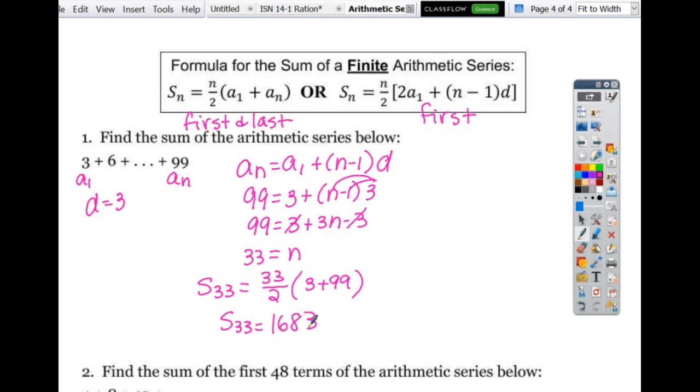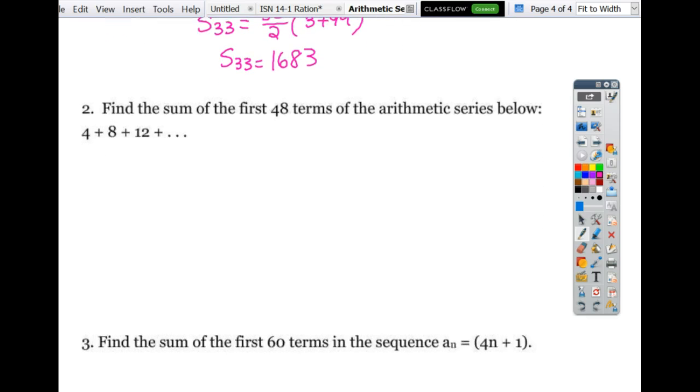Okay. So the sum of the whole series, so if I added 3 to 99, it would be 1,683. The sum. We're doing sum. We switched from term to sum. Yeah, let's just go with it, okay?